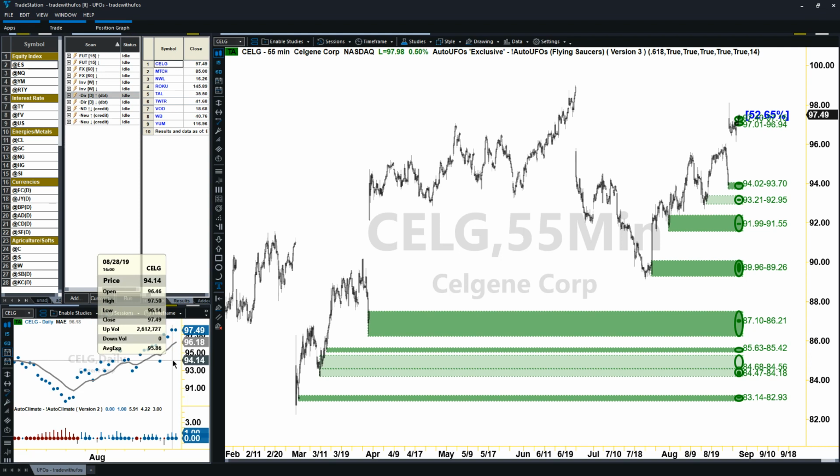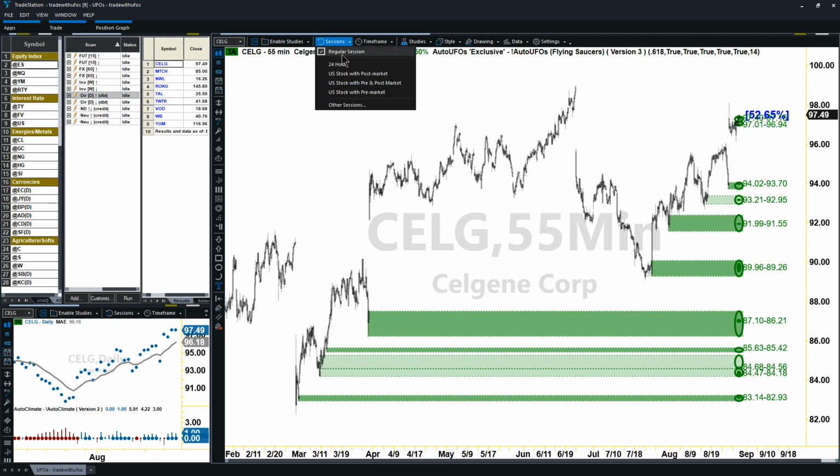So what happened here? It went from 96.14, 95.45 to 95, like $0.50. With a big move like that, if the average goes up by $0.50, it's going to be 96.7, which is below those UFOs by a great margin. So 52% is what I get with a regular session.